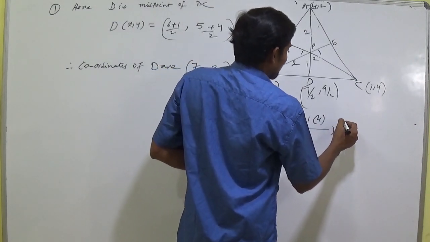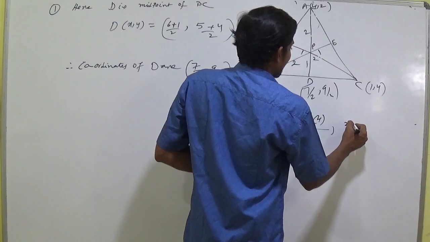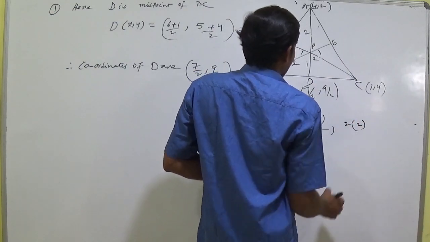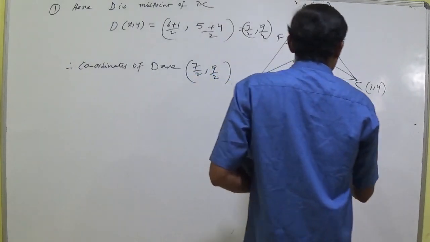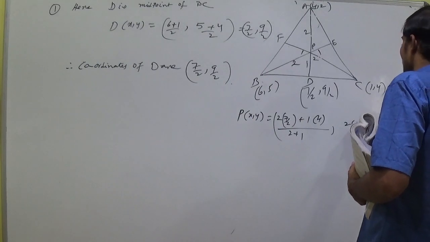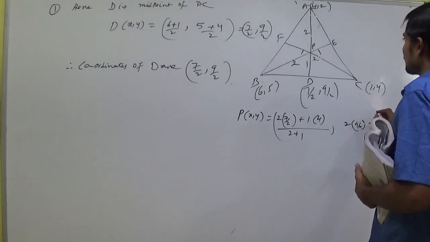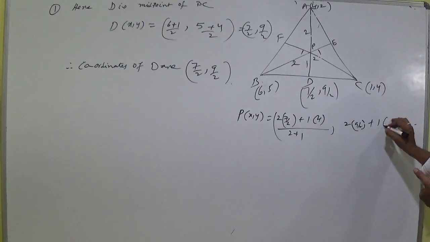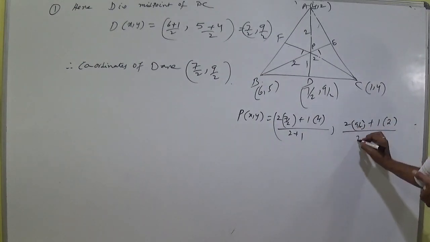And y: m1 is 2, y2 is 9 by 2, plus m2 is 1, y1 is 2, by 2 plus 1.